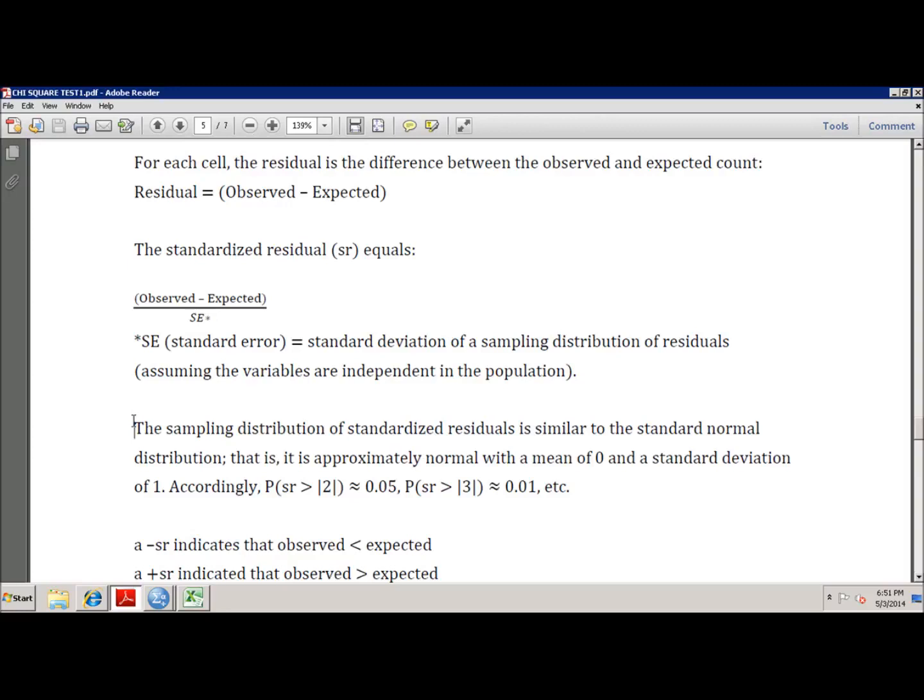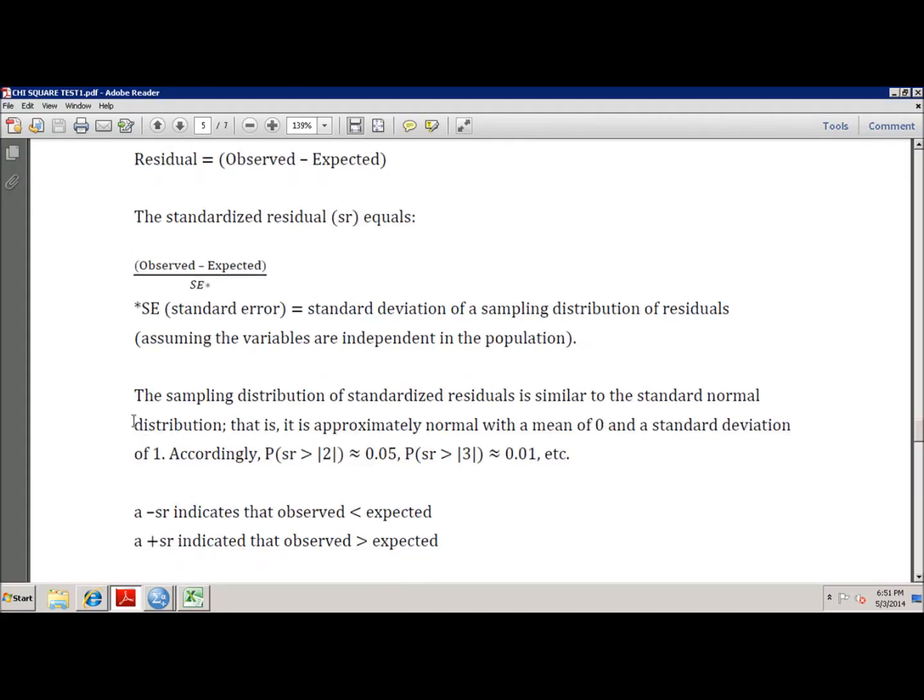Remember, in a normal distribution, approximately all of our data should fall within 3 standard deviations, about 95% within 2 standard deviations, about 68% within 1 standard deviation, etc. So to determine which cells deviated significantly from independence, we want the value of the standardized residual for that cell.